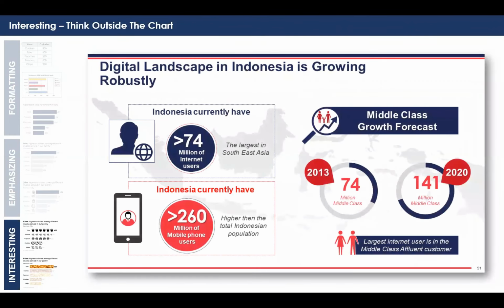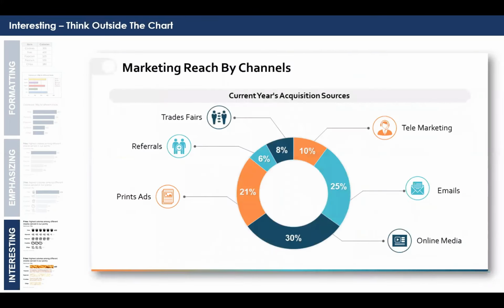This one I'm also using a donut chart, right? Sometimes it's good to use a donut chart instead of a pie chart. A donut chart is as good as a pie chart, but one good feature of a donut chart is that you can have space inside the donut to tell a message. Let's say the one on the right hand side, I have two donut charts, I put a message inside. Same thing like this one.